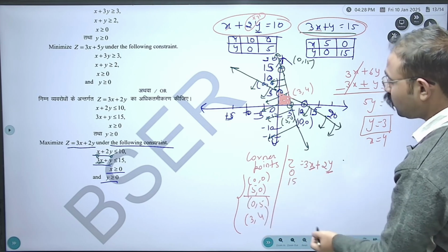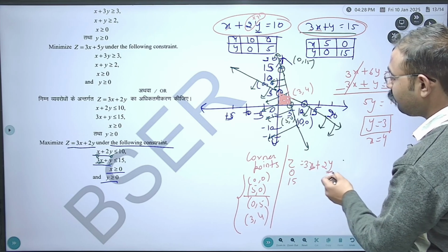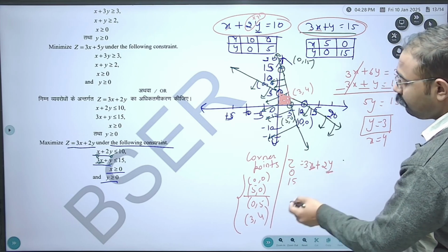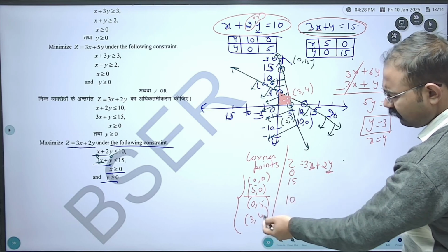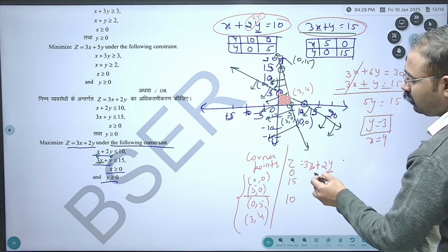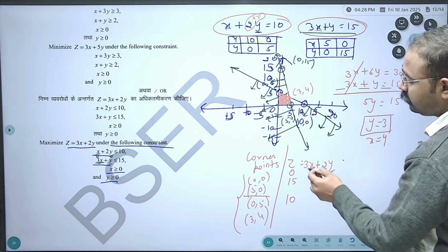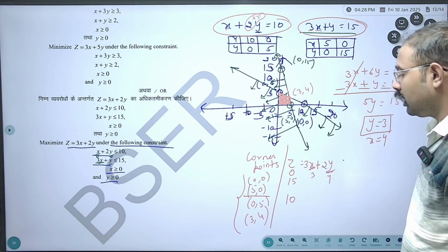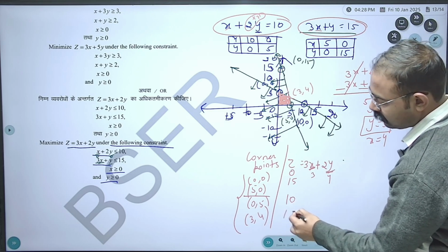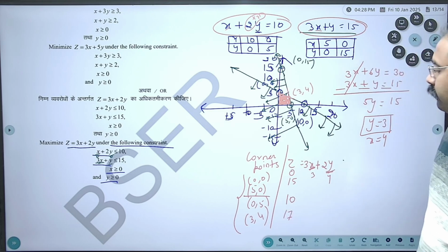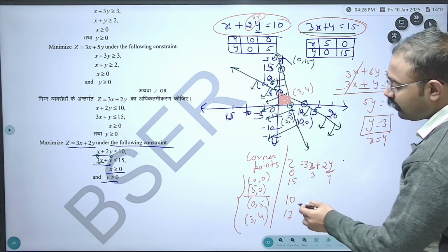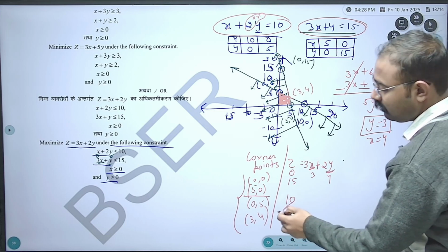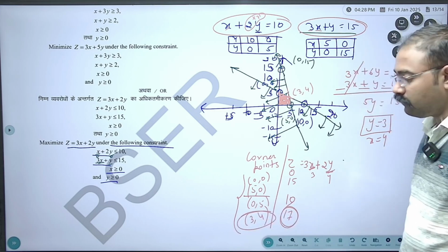For this point 0, 5, at the place of x 0 and at the place of y 5, and 2 times 5 is 10. And for this point, at the place of x 4 and at the place of y 3, 3 times 4 is 12 and 2 times 3 is 6, and 12 and 6, 18.